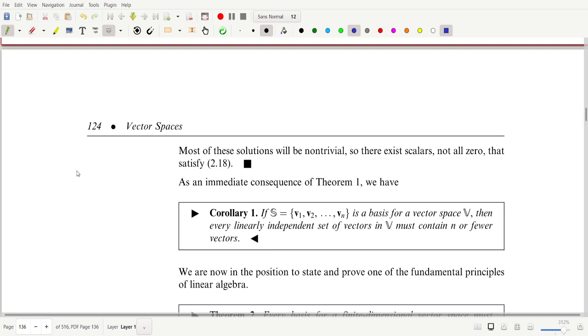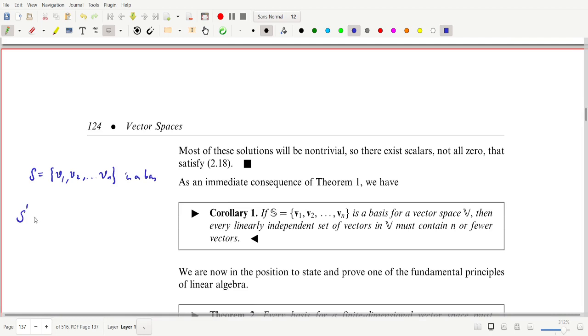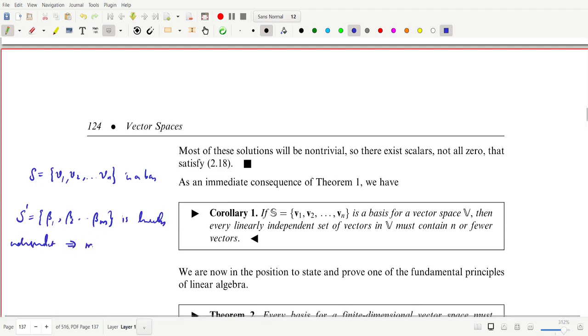That means if you choose a set S with elements V1, V2, etc., Vn, which is a basis, and then choose any set S prime which is linearly independent, containing elements beta 1, beta 2, etc., beta m, then we can say that this set has m elements, where m is less than or equal to n. This is what this corollary says.